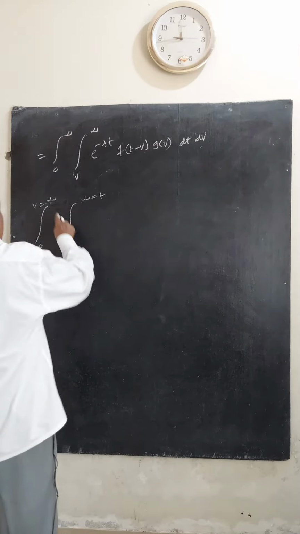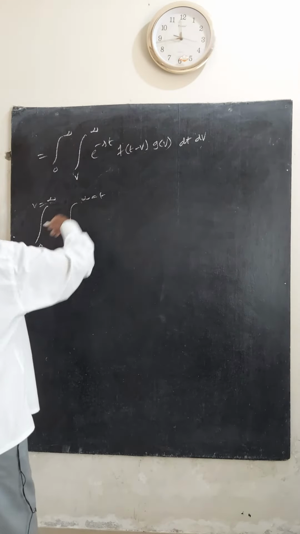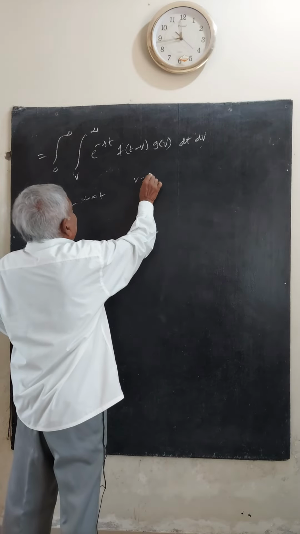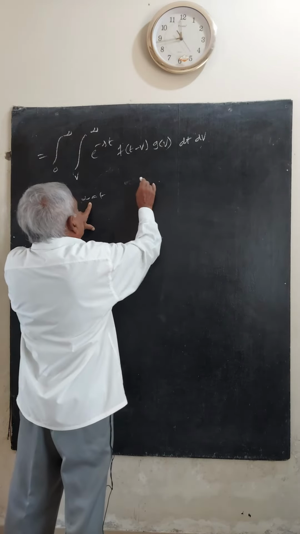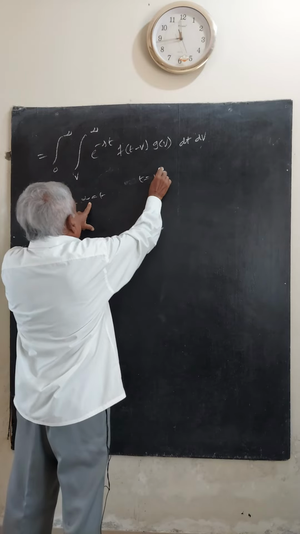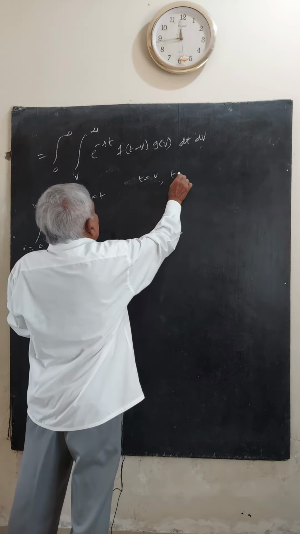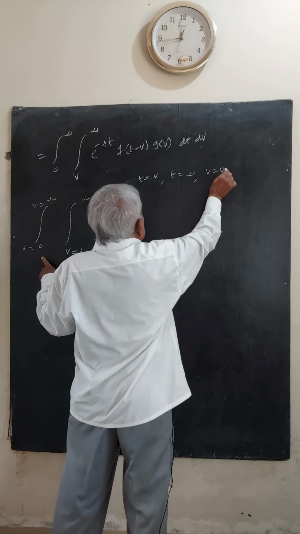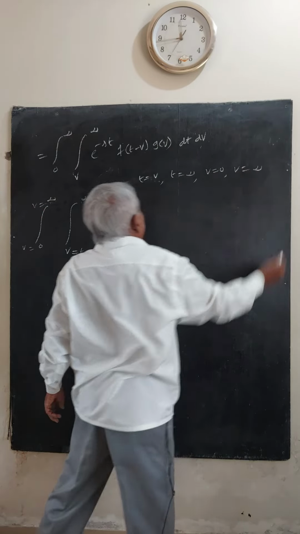See, all these 1, 2, 3, 4 take as curves: v equal to t, or t equal to v, t equal to infinity, v equal to 0, v equal to infinity.